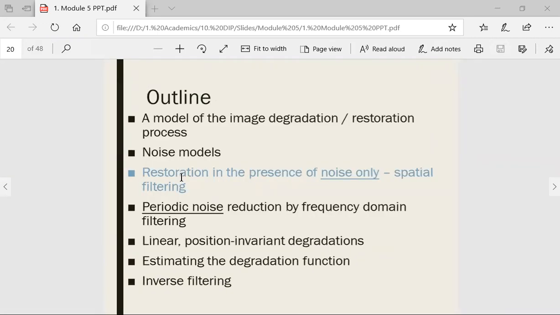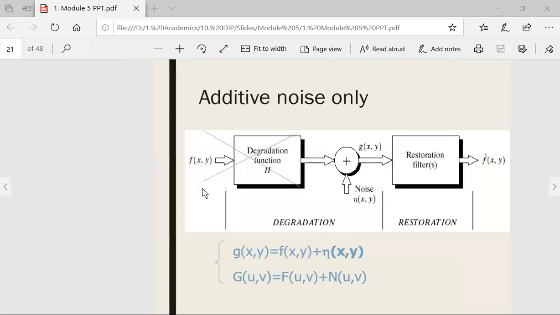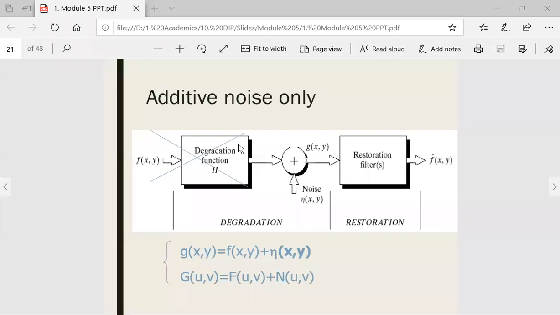After learning the noise models, we'll be moving further to restoration in the presence of noise only, spatial filtering. Module 3 concepts we'll be using here. The degradation process we have already seen, so no need to worry about it. Worry about the restoration filter itself.